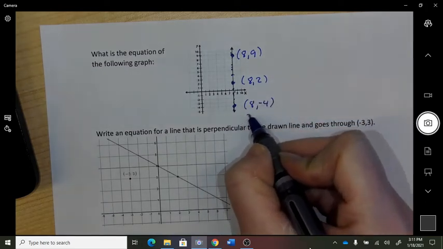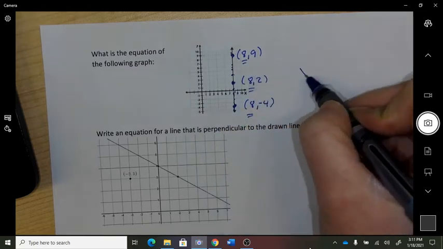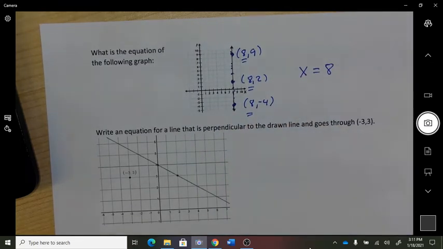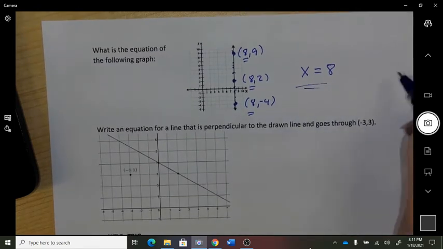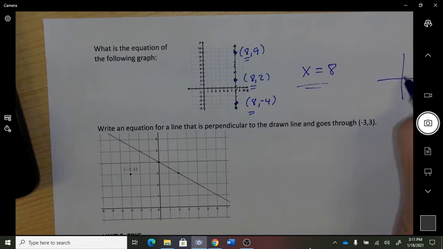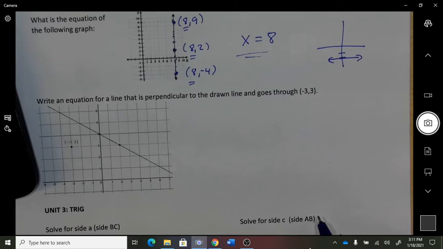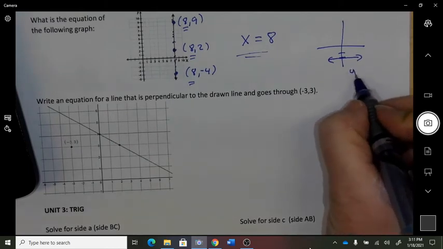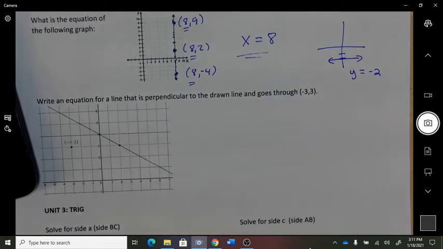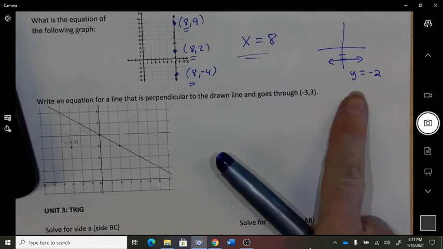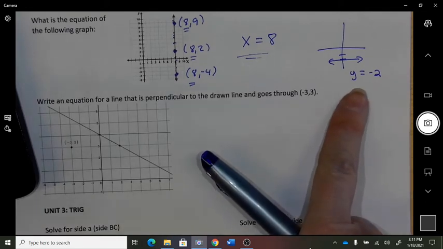So no matter where you are on this line, all the points will have an x value of 8. Okay? So remember, that's a vertical line. If I ever had something like that, y would always be -2. So vertical and horizontal are special in that they have an x alone without any y's, or horizontal will have a y without an x.